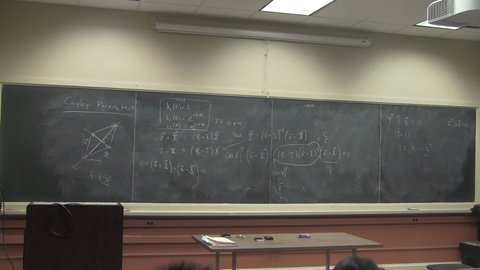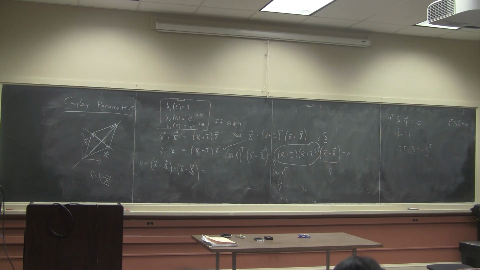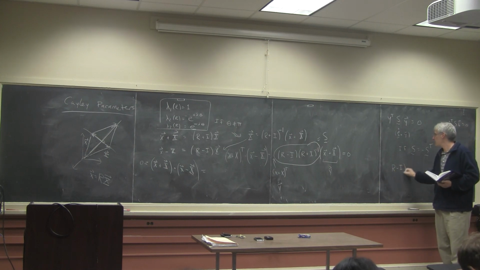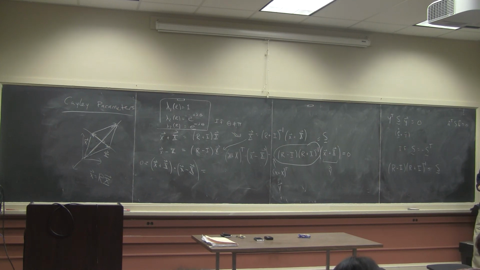Okay? And it turns out that that's the most general case. When S is skew symmetric, then this will be 0. So what that says is that r minus the identity times r plus the identity inverse has to be equal to a skew-symmetric matrix, which is kind of interesting.